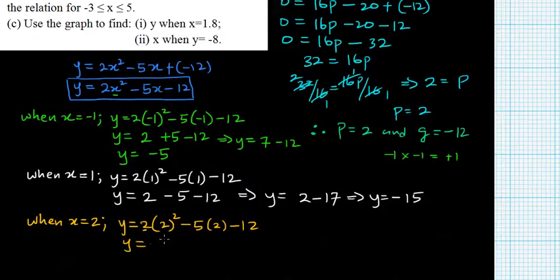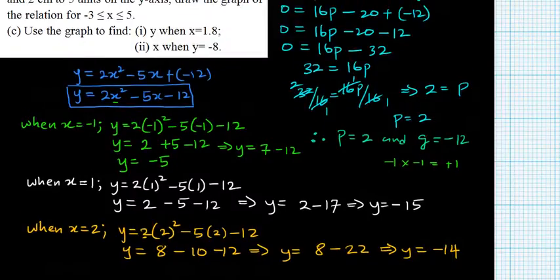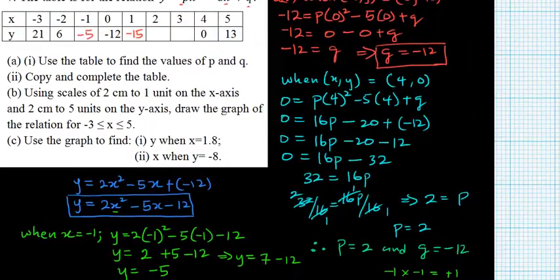So 4 times this 2 gives us 8. 5 times 2 is 10, then -12. And this will be y is equal to 8 minus 10 minus 12, which gives us -22 for the last two, so 8 minus 22 here will give us -14. Okay, so when x is 2, y is -14.